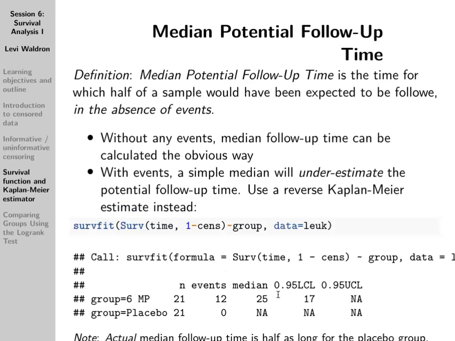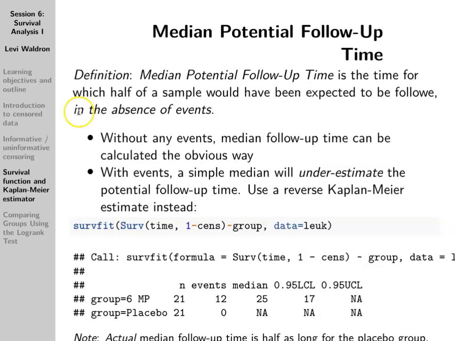And then there's another calculation that's closely related that is called the median potential follow-up time. And this is a much less obvious entity, what this means. It's the time for which half of a sample would have been expected to be followed in the absence of events.